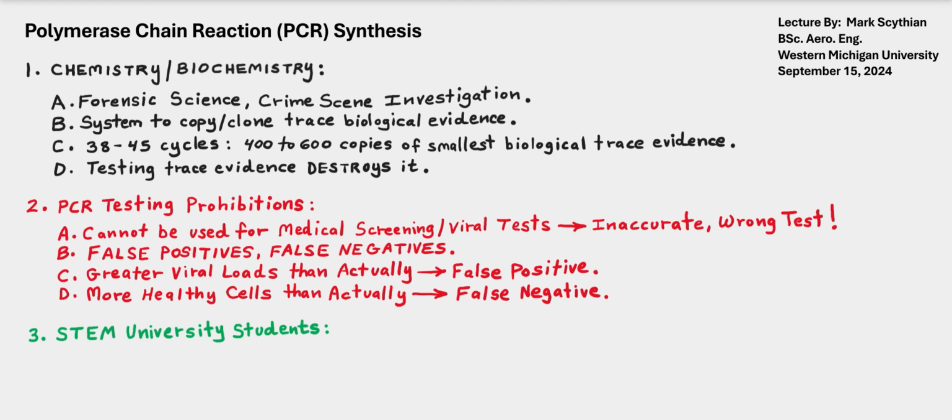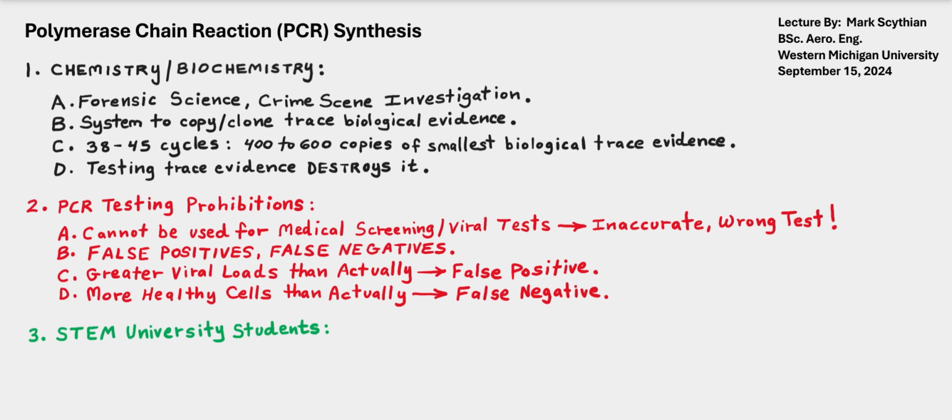And PCR is great because you don't have enough of the sample by design. In the real world, you're not going to get all these samples. So the first step, or I'll call it step number 0, is to implement PCR to reproduce enough of the trace samples or the small samples so you can do all these tests with confidence without worrying about destroying the whole sample set.